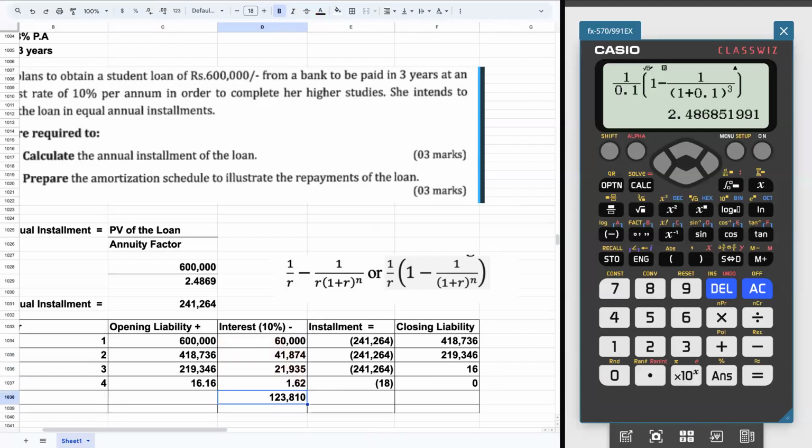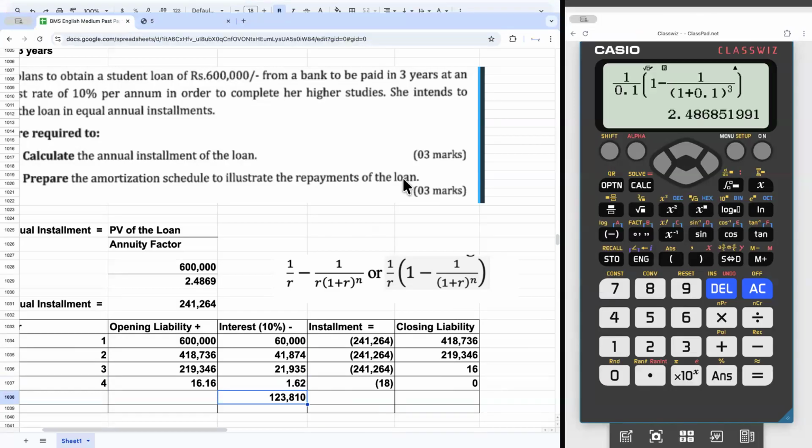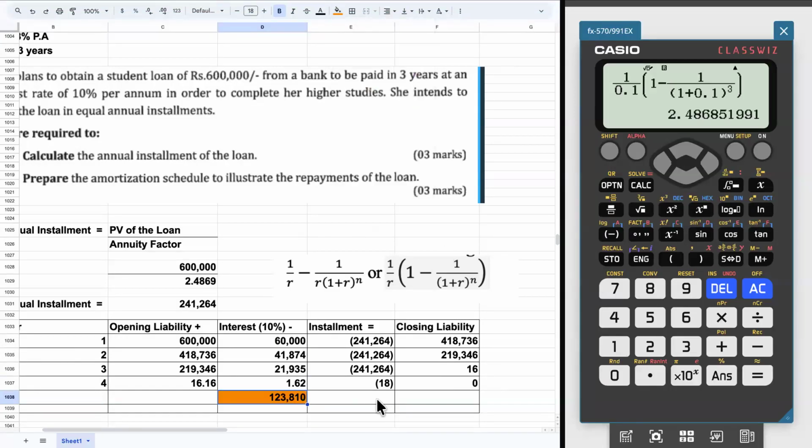This is the interest amount they have paid, right? The full amount they have paid is this. How much is the full cash they have paid? This is the value, no? Right?